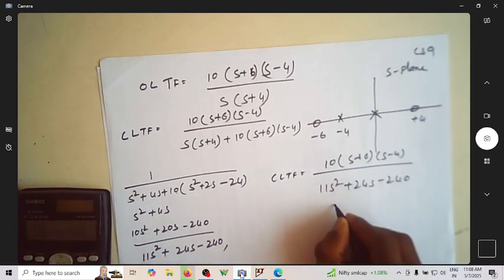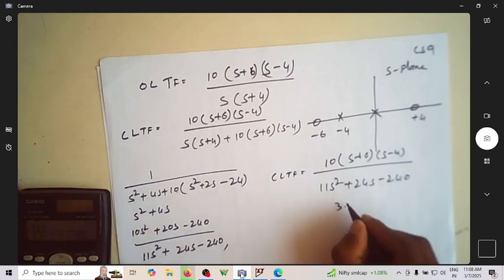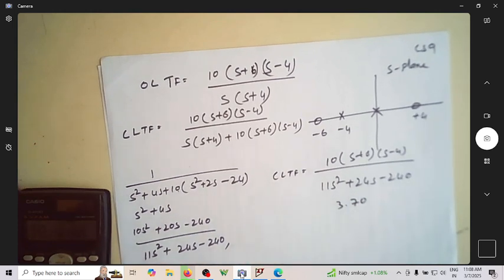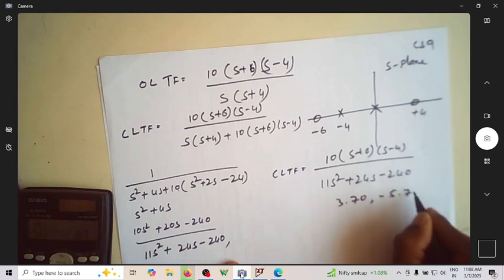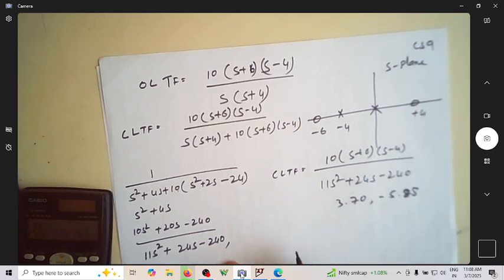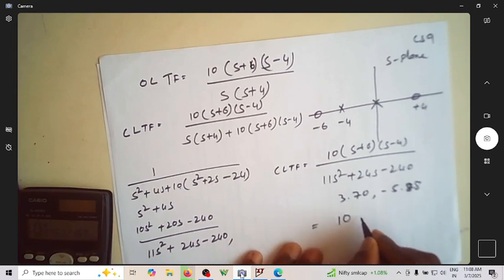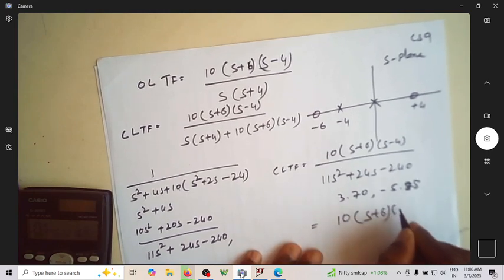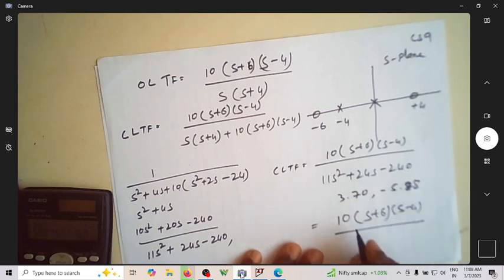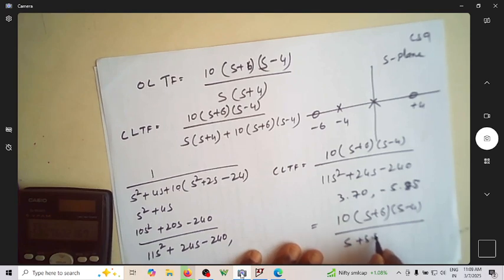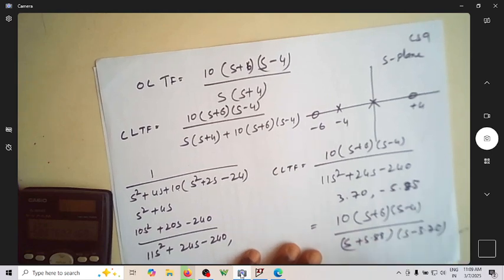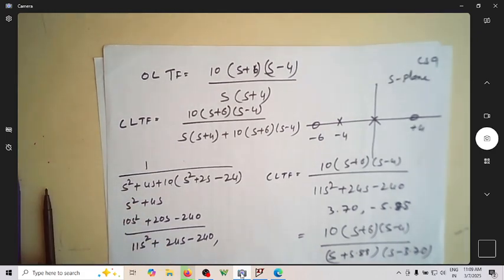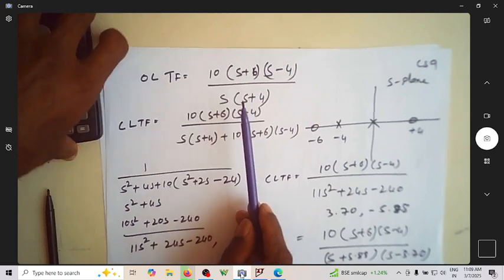The roots are real, 3.73 and the other one is minus 5.88. So now I can write this as 10 into (s plus 6)(s minus 4) over (s plus 5.88)(s minus 3.73). Correct.